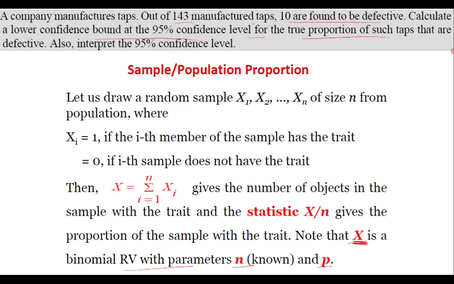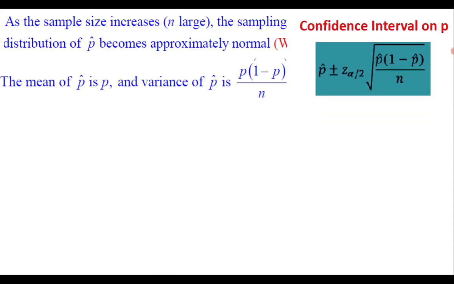Again, you can recall that for large n, binomial can be approximated using normal distribution, but in this case you simply need to remember the confidence interval, which is p cap plus minus z alpha by 2 times the square root of p cap (1 minus p cap) by n. Now p cap can easily be computed, 10 by 143. Z alpha by 2 can be computed. Once you have these two values, you can get the required interval.